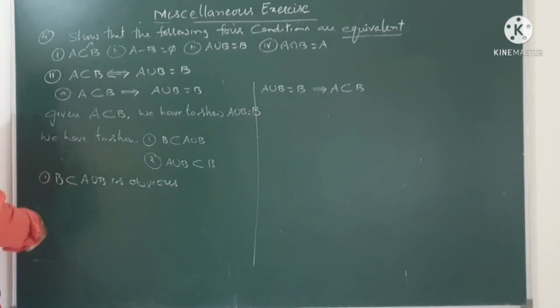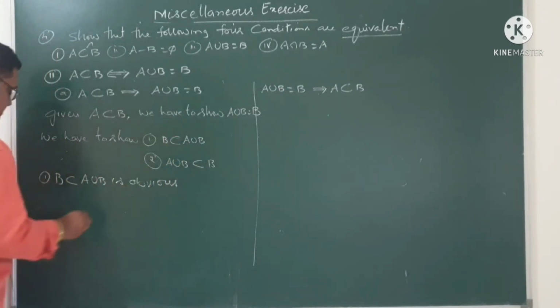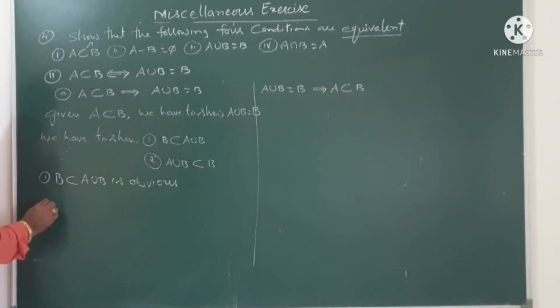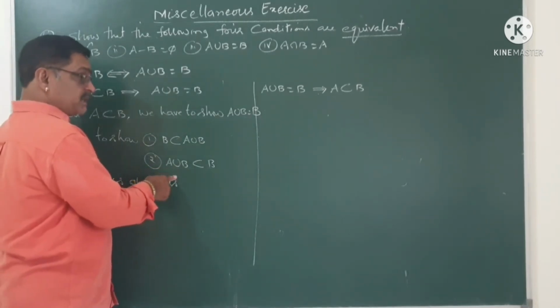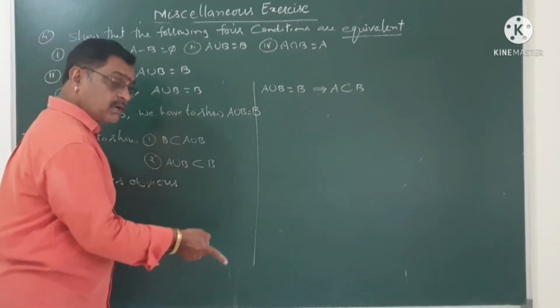That's true. Now we have to show A union B is a subset of B. How do you show it? If you take an element in A union B, you have to show that the element is in B also.